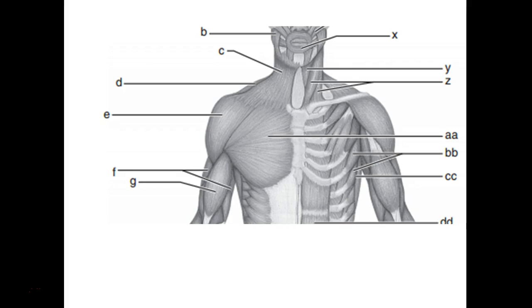So let's go just a little bit further down, leave the skull and go to the neck and the chest region. We're going to label this muscle that's running obliquely down the neck. It is Z. The name of this muscle is the sternocleidomastoid, and that is number 29 on your sheet. So 29, I colored mine kind of a fuchsia pink, and so I colored my word sternocleidomastoid kind of a fuchsia pink. Notice that it has two heads.